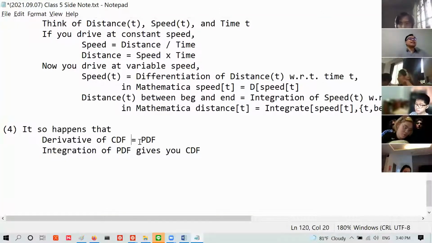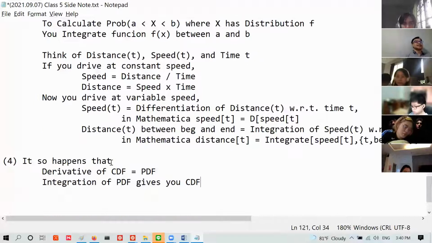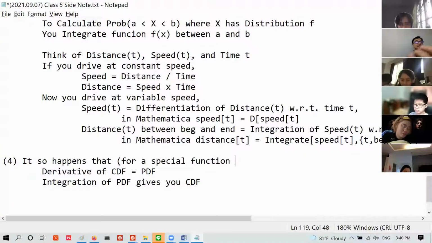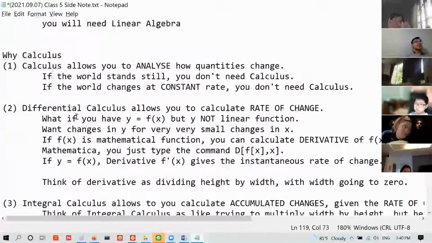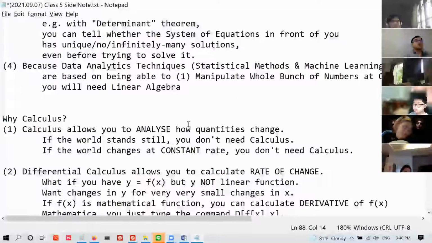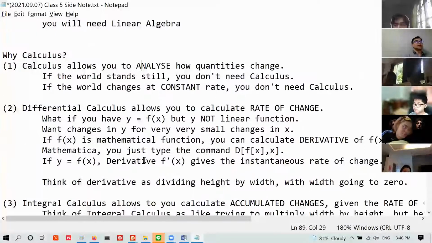So you can think of CDF as accumulating probability. For a special function, PDF, in probability class. So why calculus? Because you analyze things that change.